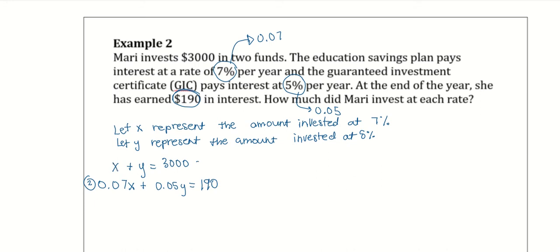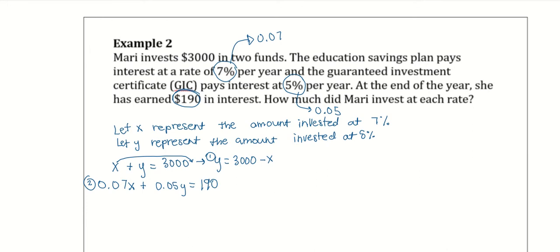And I'm going to change this equation slightly. I'm just going to rearrange it so that I have y is equal to 3,000 minus x. So all I did here is I took this x and I moved it over here so that I could get y by itself, so that I can now use substitution. So that's going to be my equation 1.